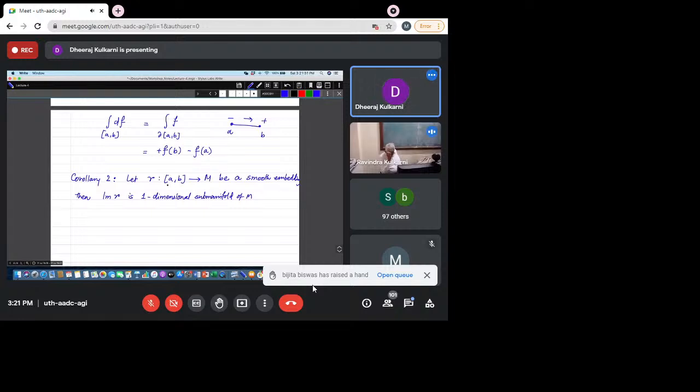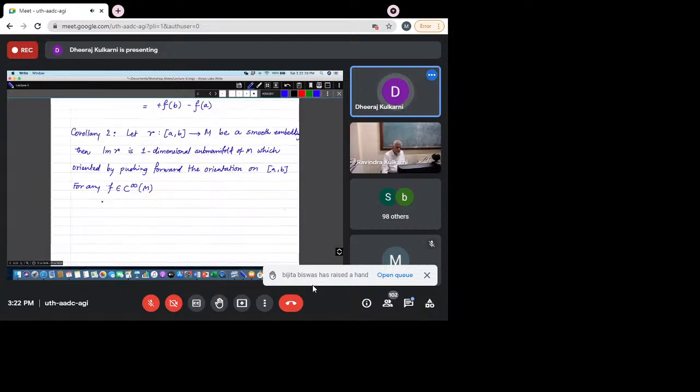We can push it forward via this embedding map gamma, so it is oriented by pushing forward the orientation on the interval [a,b]. Then for any smooth function f in C infinity of M, I want to integrate df on this image of gamma.